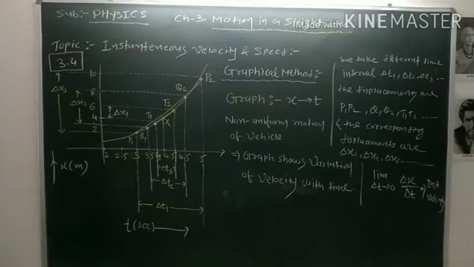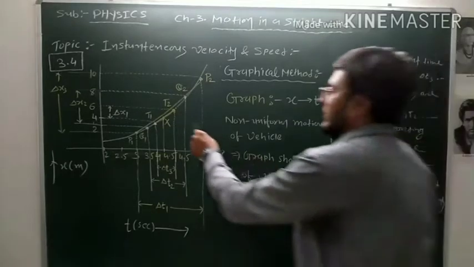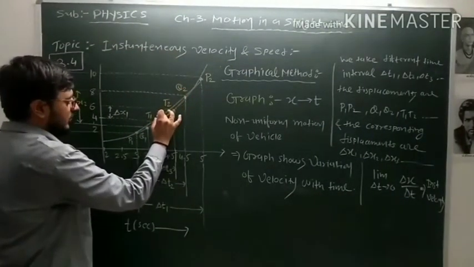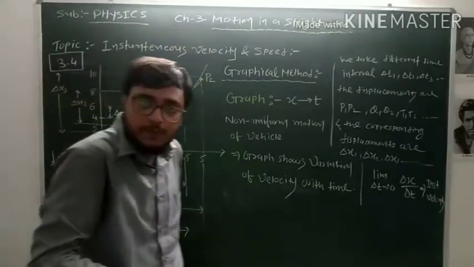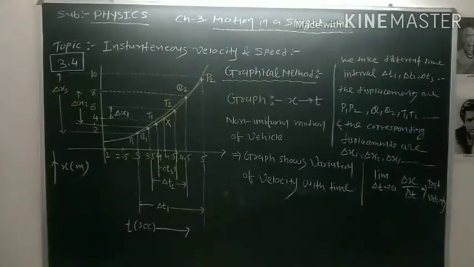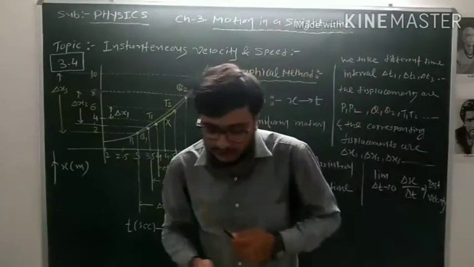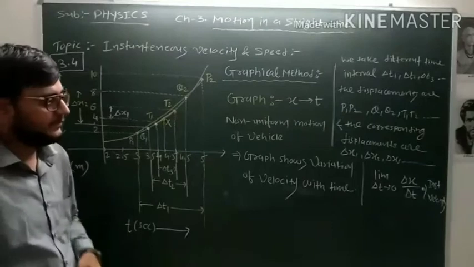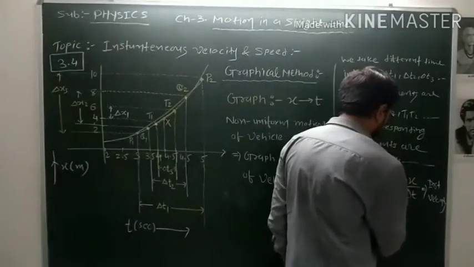The average velocity then gives the instantaneous velocity at the particular time t equals 4 seconds, because the values are nearer together and the average velocity becomes the instantaneous velocity. That is how we can use the graphical method to find the instantaneous velocity at a particular instant of time. Got it? That is the instantaneous velocity.